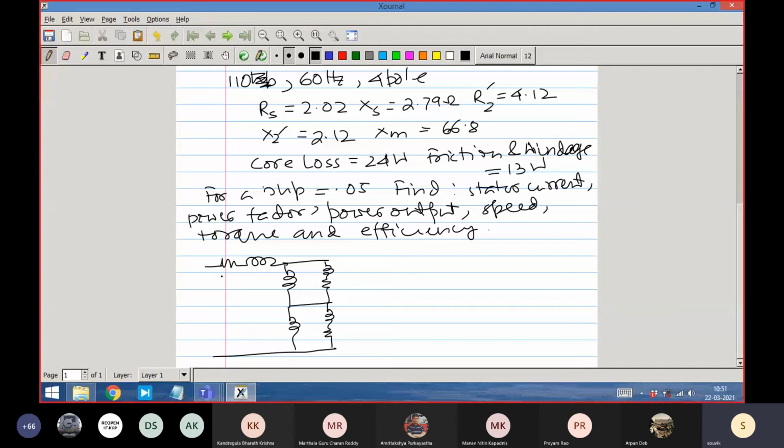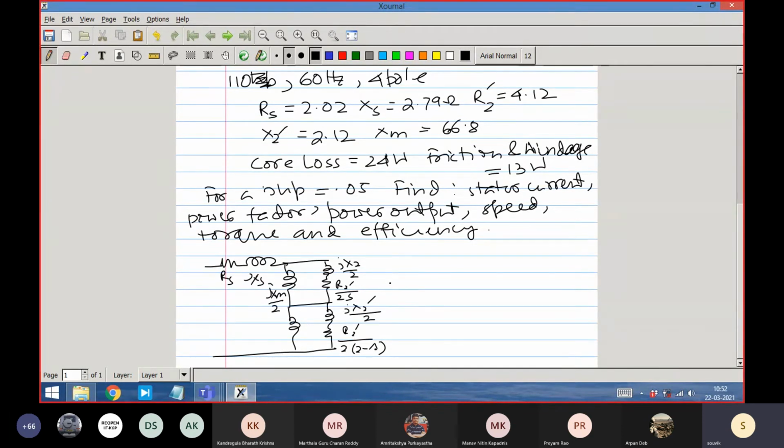This RS, jXS, jXM by 2. The value given is XM, but the actual thing is jXM by 2, jX2 dash by 2. This is R2 dash by 2S. This is R2 dash by 2 into (2 minus S). This is jX2 dash by 2, right?